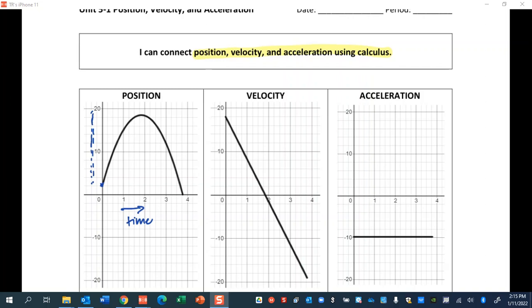When we take the derivative, you're talking about that tangent line that is at this point. And I want you to think about this tangent line potentially going from being super steep to being flat to being negative as it's going through.